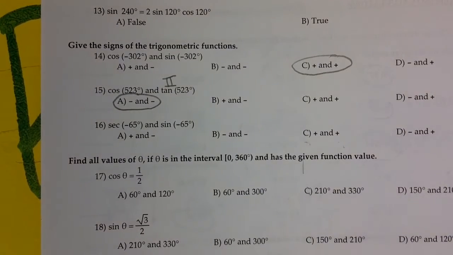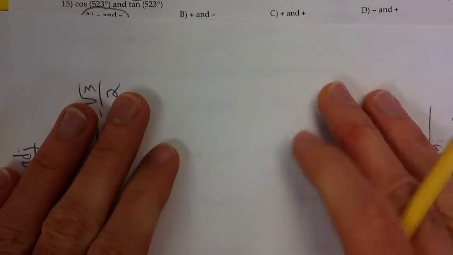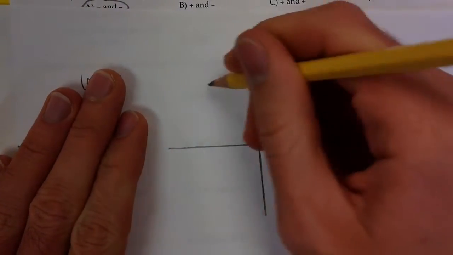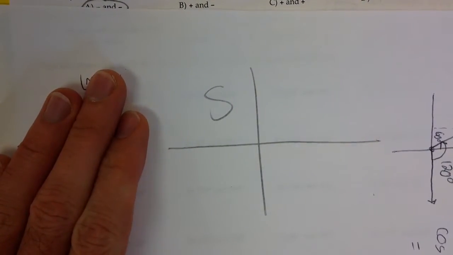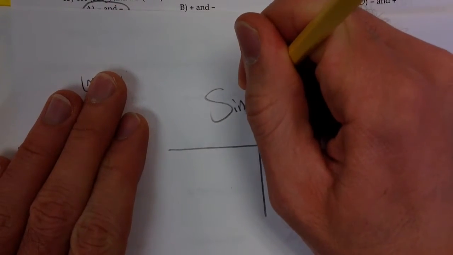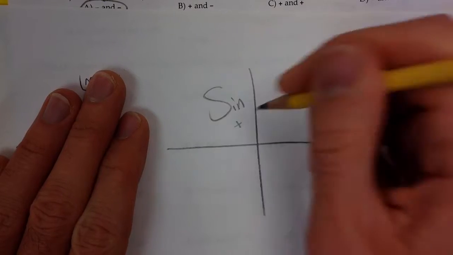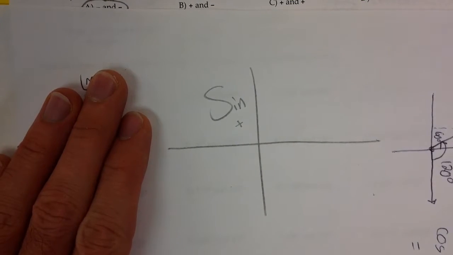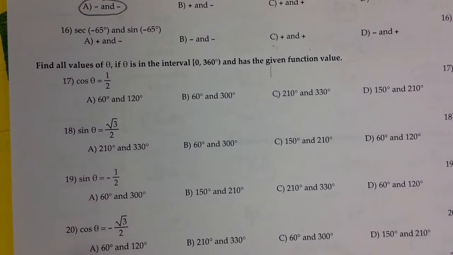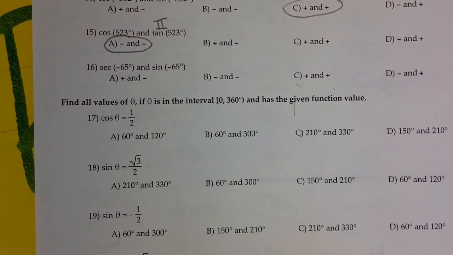Okay. That's the S quadrant. This stands for sine. So sine is positive and its reciprocal are positive.